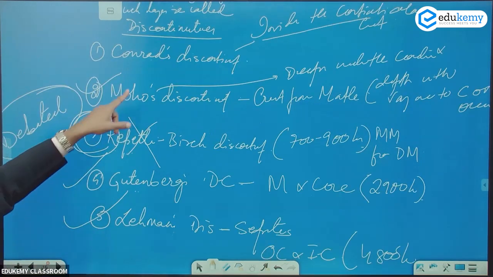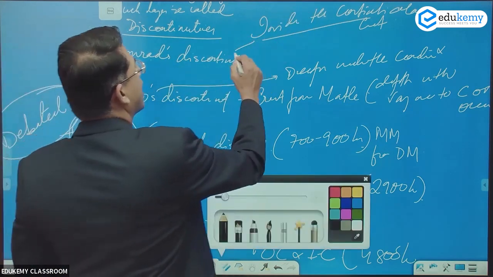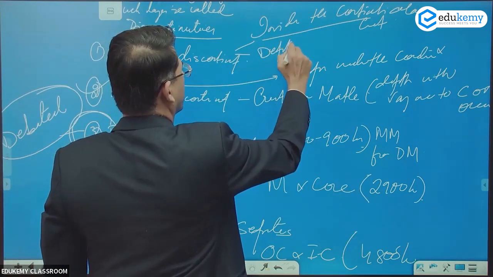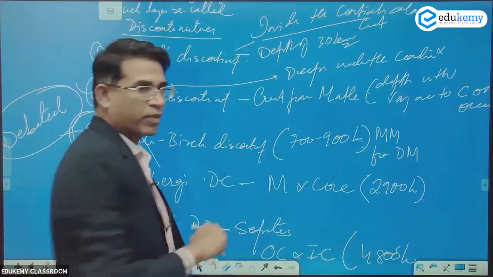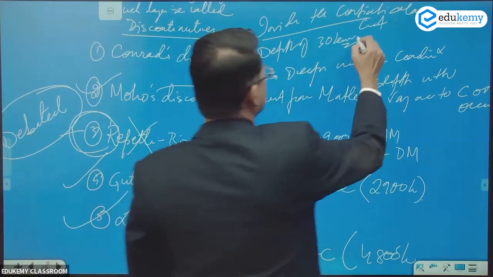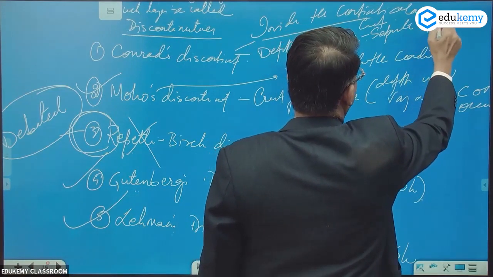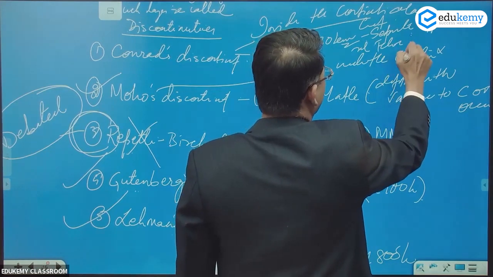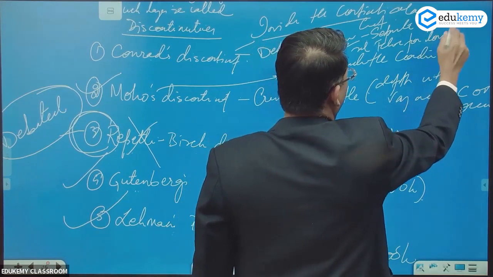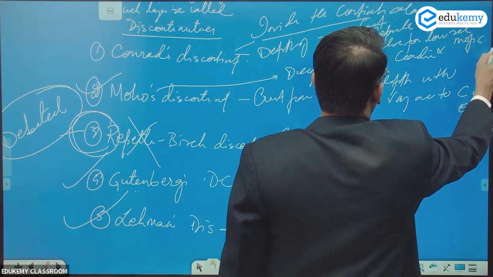What did I write? Conrad is found only in the continents. This is at a depth of about 30 kilometers. What does it do? It separates the upper relatively felsic from the lower relatively mafic rocks.